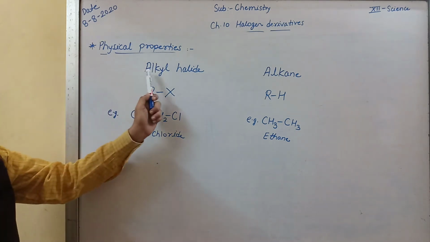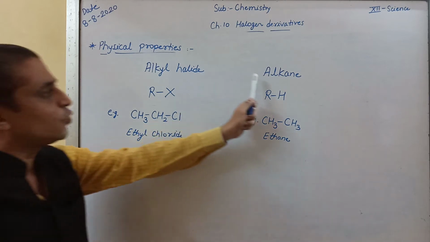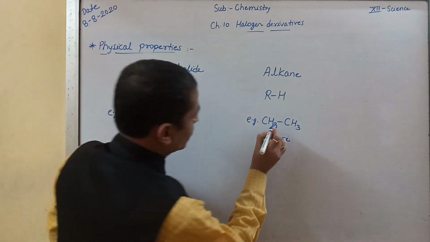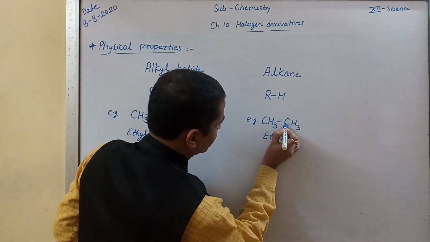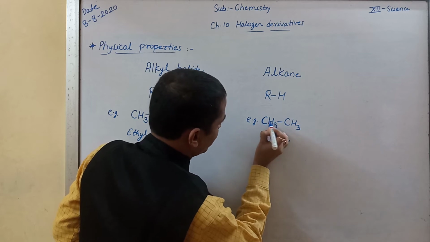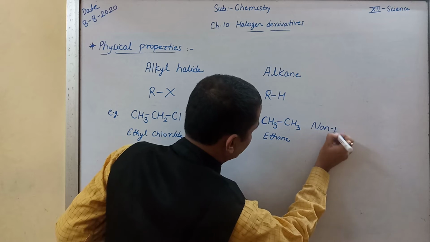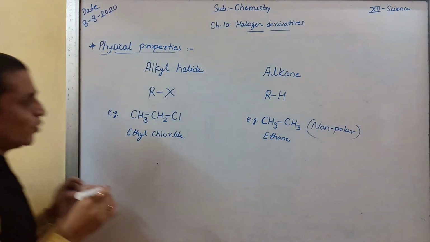See, physical properties of alkyl halide are different than those of alkane. The reason behind it is, see here, both the carbon atoms don't have any charge separation, so it is non-polar. Ethane molecule is non-polar, or alkanes are non-polar.